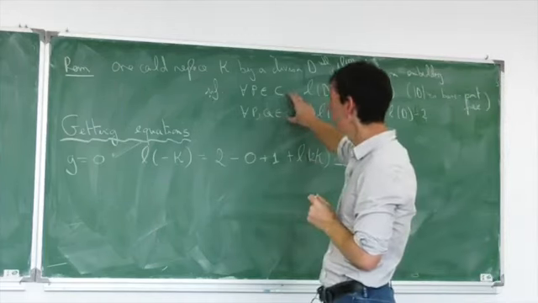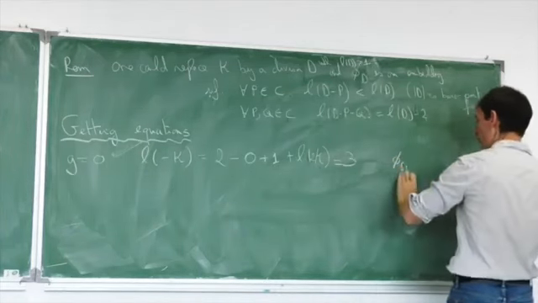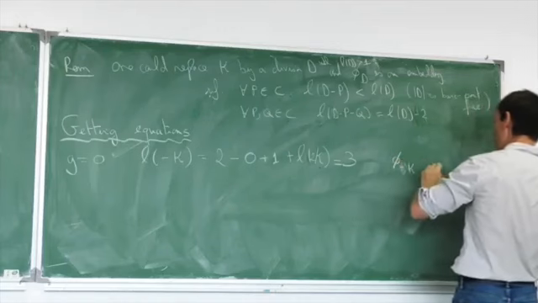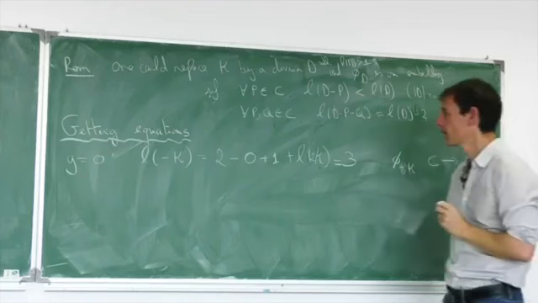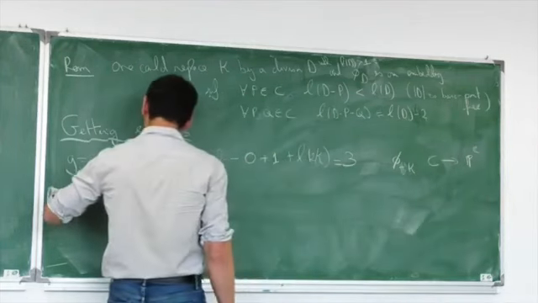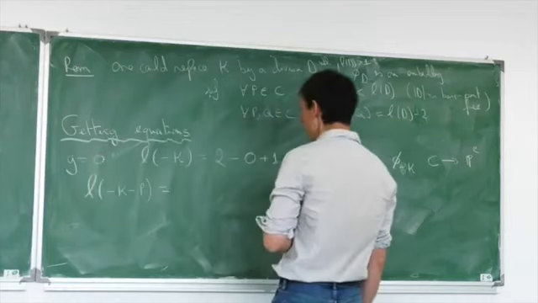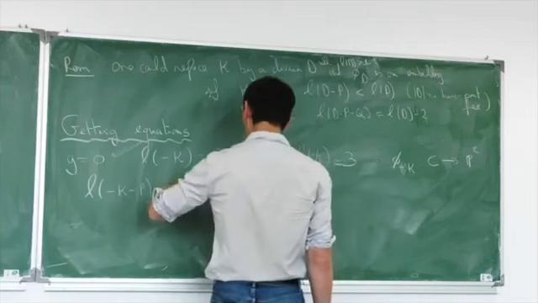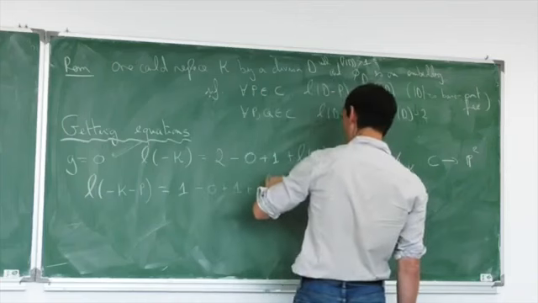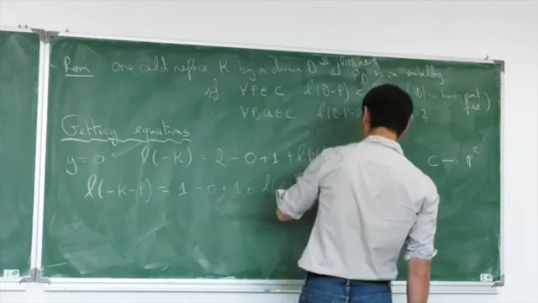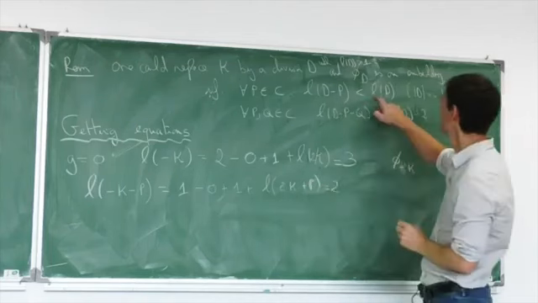Let's try to apply the criteria we have here to see if phi of minus kappa, that would go from C to P2, is an embedding. So let's compute L of minus kappa minus P. The degree is 1, so 1 minus 0 plus 1 plus L of 2 kappa plus P. This is still of degree minus 3, so this is 2, and I have my first property.